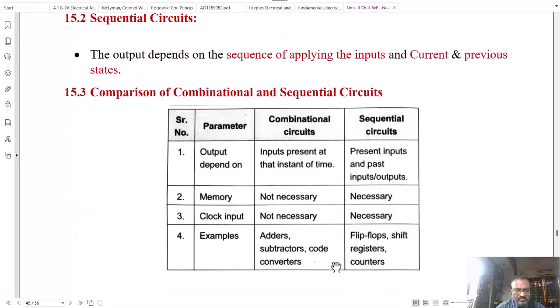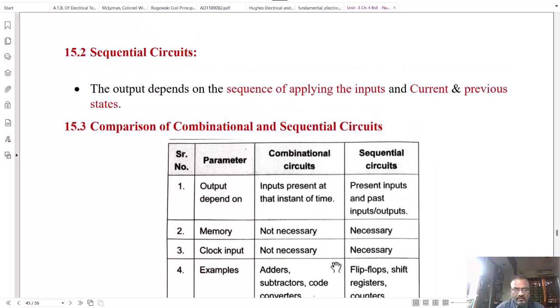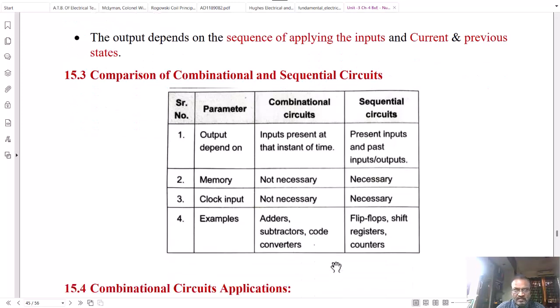It does not depend on the order or sequence of applying the inputs. Whereas in sequential circuits, the output of the logic circuit depends on the state of inputs at the present time as well as the sequence in which the inputs are applied and the previous state of that input.